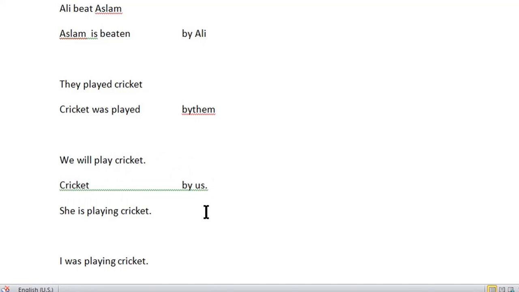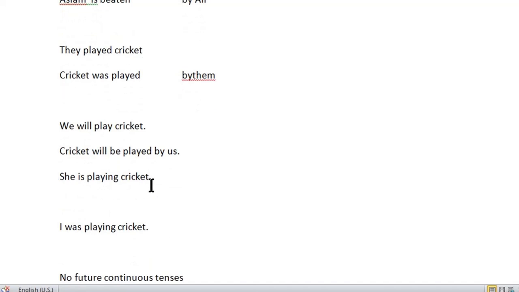The future indefinite tense takes the helping verb of the future continuous, so cricket will be, and the third form, played by us. Clear? Cricket will be played by us. Okay, let's jump to the next one.